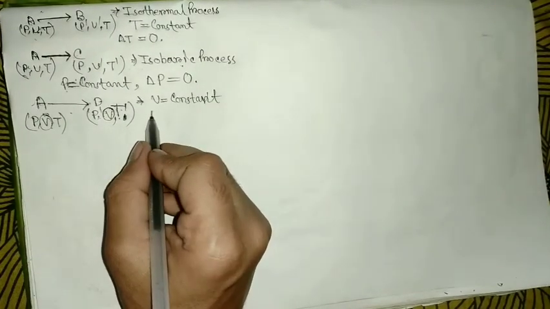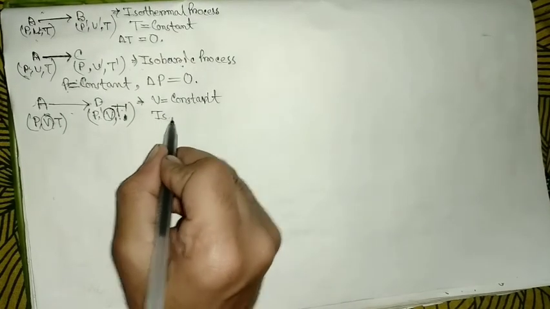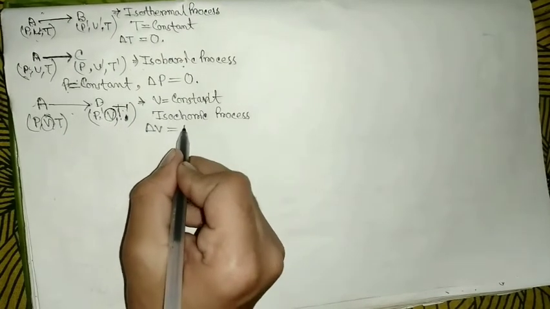So we are saying this type of process is isochoric process, where change in volume equals 0.